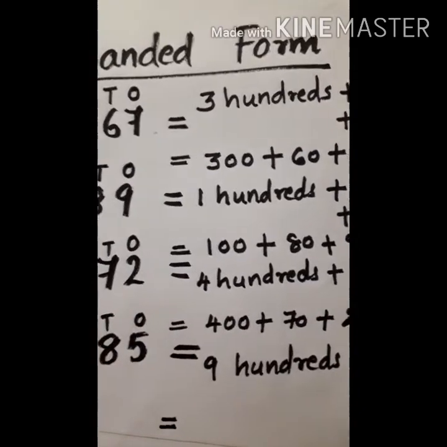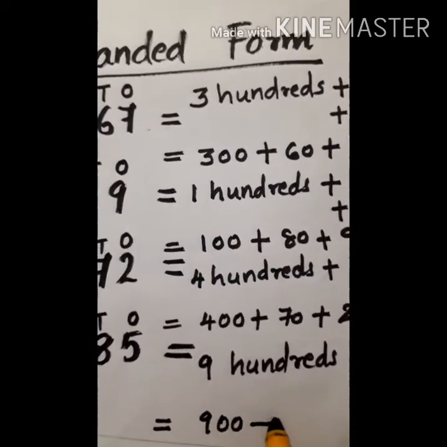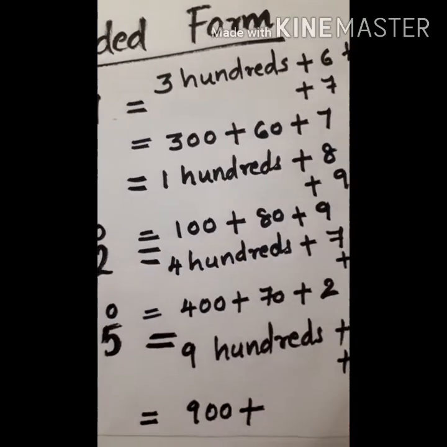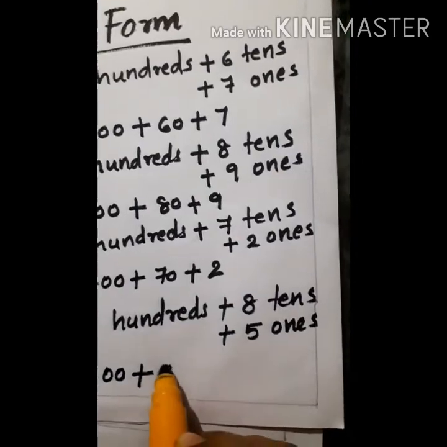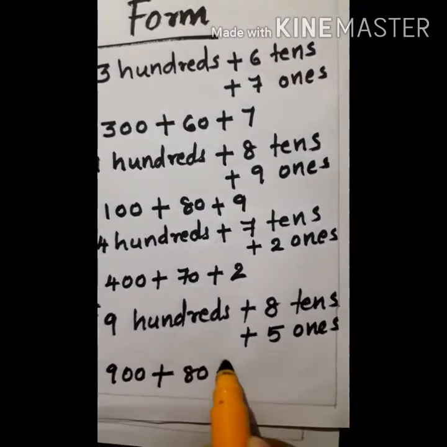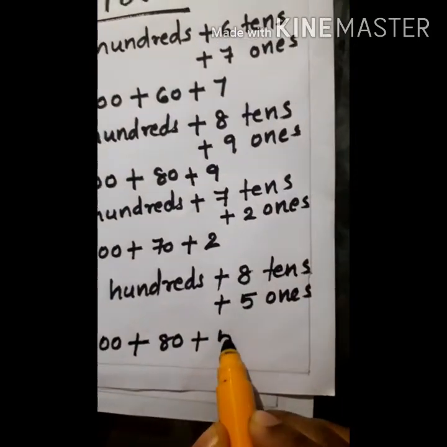Equal to 9 hundreds means 900, plus 8 tens means 8 into 10, 80, plus 5 ones means 5 into 1, 5.